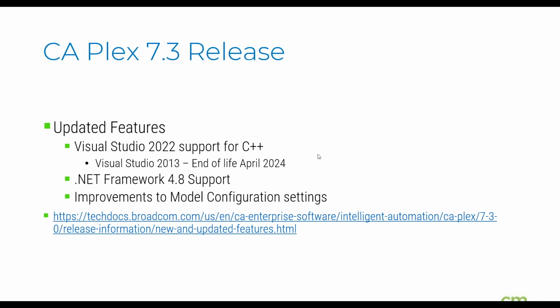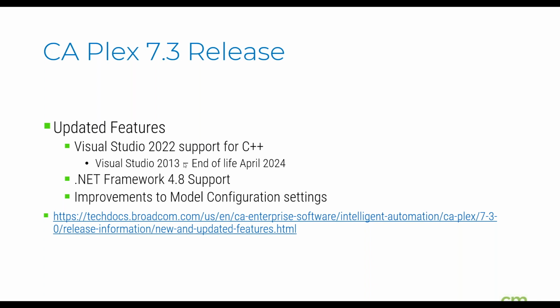So the features in this release, the main motivation for it, I expect, is support for Visual Studio 2022. Previously, there was support for 2013, and that's no longer supported by Microsoft.